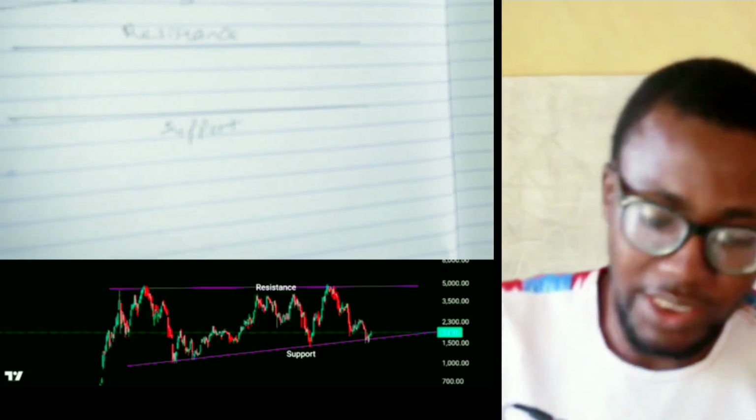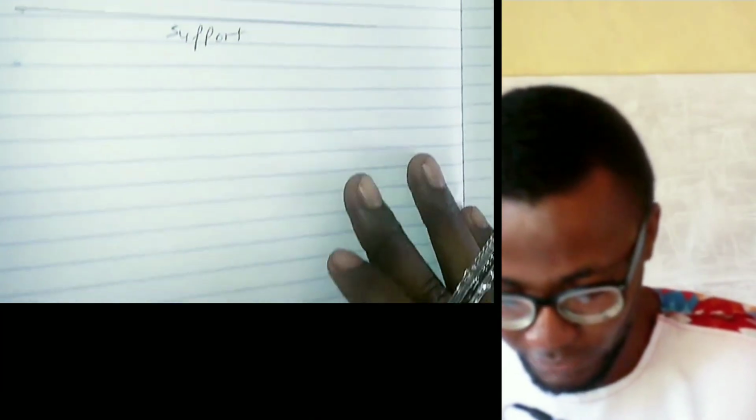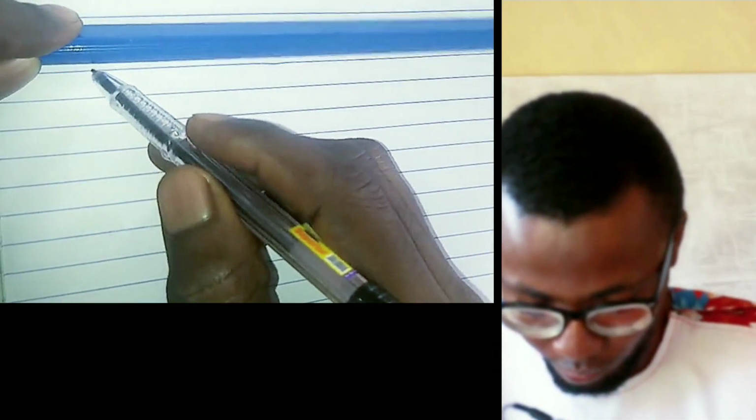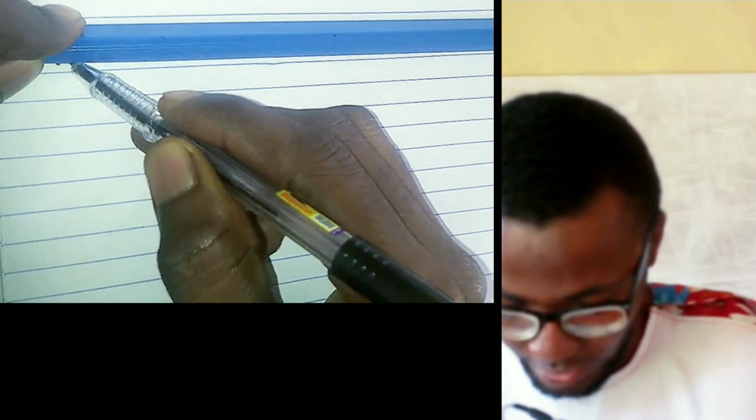So I'm going to explain this support and resistance for you in such a way that you will understand. Now, let's look at how we explain it. Look at this. This is a house.